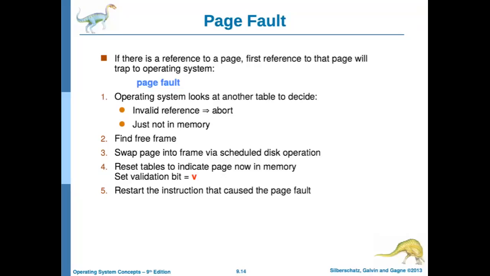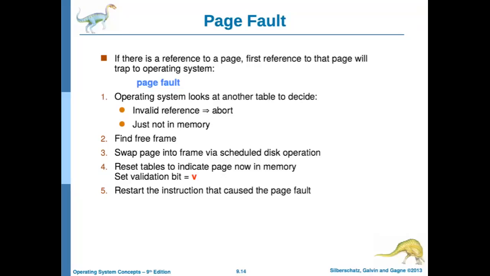But whenever this page fault occurs, what are the things you need to do? Very simple: because the processor cannot access anything directly from disk, that particular thing should be loaded into memory. So the pages are loaded into the frames.